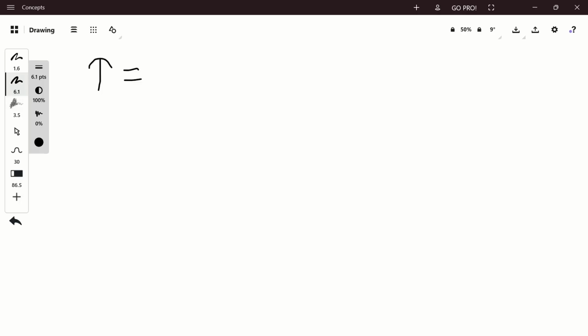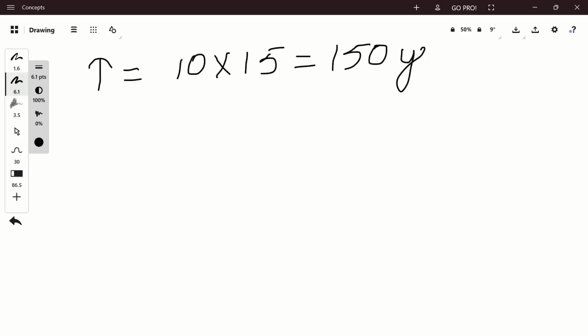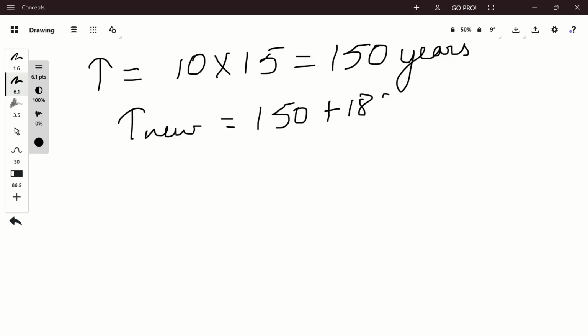So total age is equal to 10 into 15, which is equal to 150 years. Now a new student of 18 years joins the group. So the new total age is 150 years plus 18 years, which is equal to 168 years.